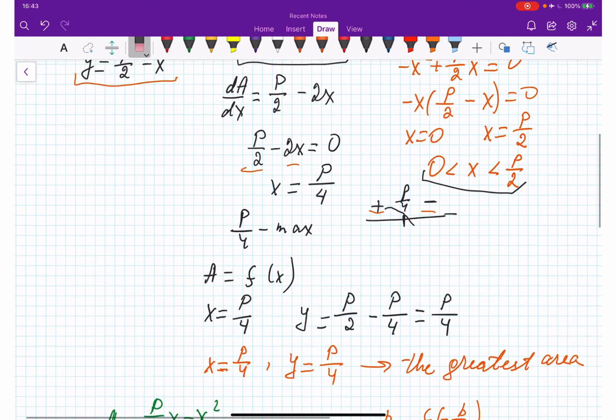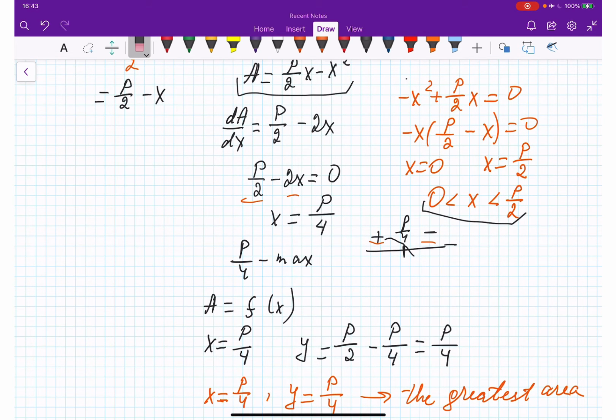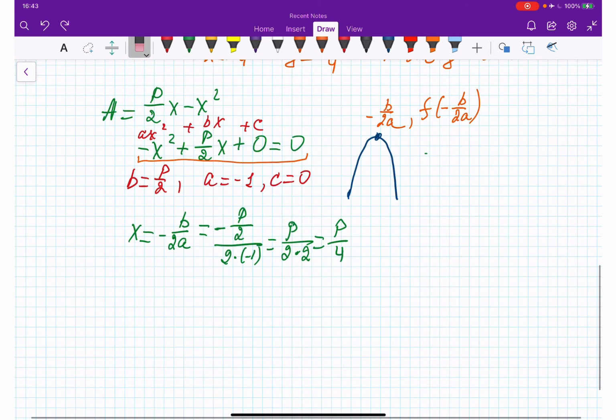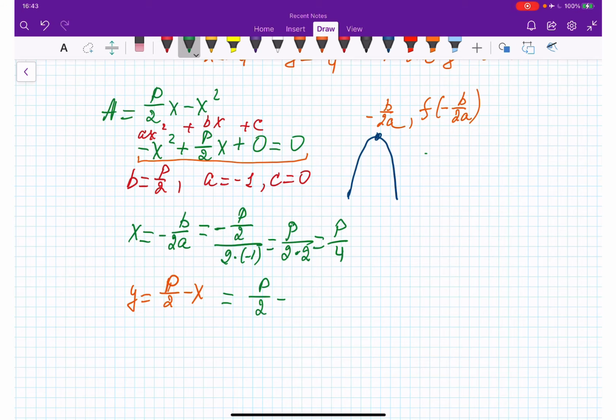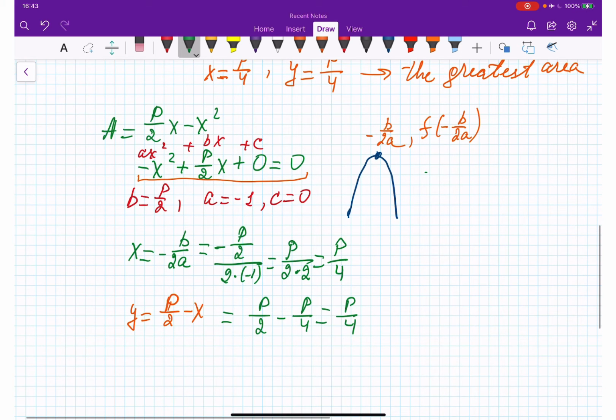Here is our y. y is equal to P over 2 minus x, which means it's equal to P over 2 minus P over 4, and it's going to be equal to P over 4. And the maximum is going to be at x equals P over 4 and y equals P over 4, exactly the same.